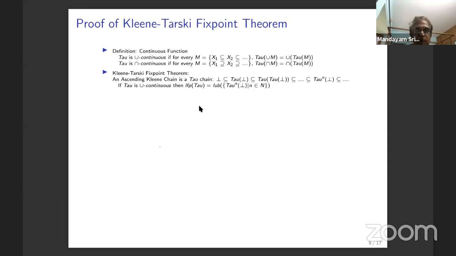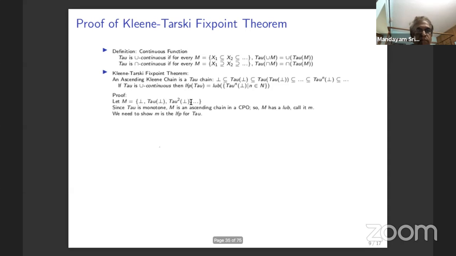So I thought it would be interesting to present the dual of that for the least. So we have an ascending Kleene chain. Let M be the set of elements that contain the repeated applications of tau.